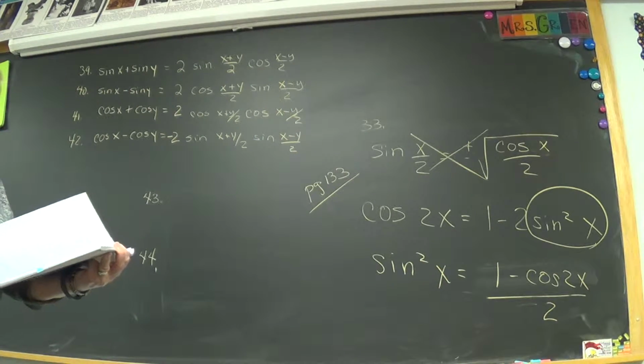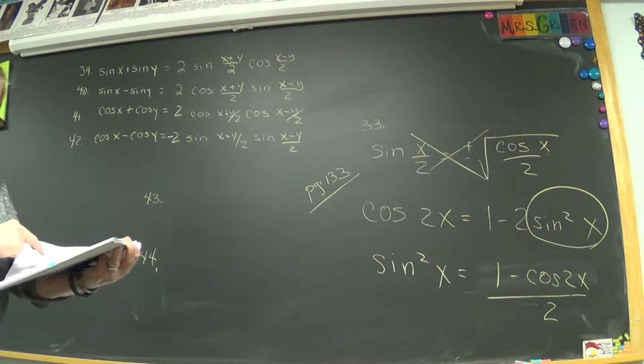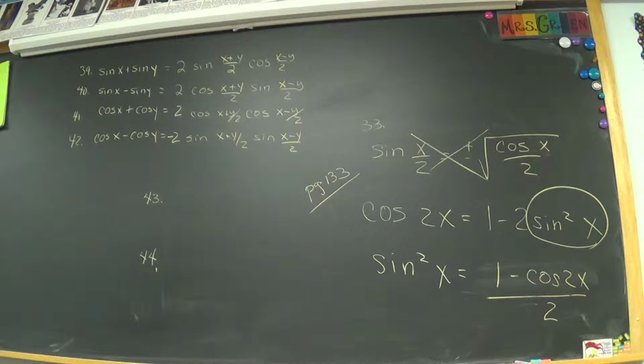The only thing is, I don't remember that double angle being in there. Let me check it, make sure I've got it right. Actually, I don't have it. Check it from the book. Power reducing formulas. Yeah, that's right.